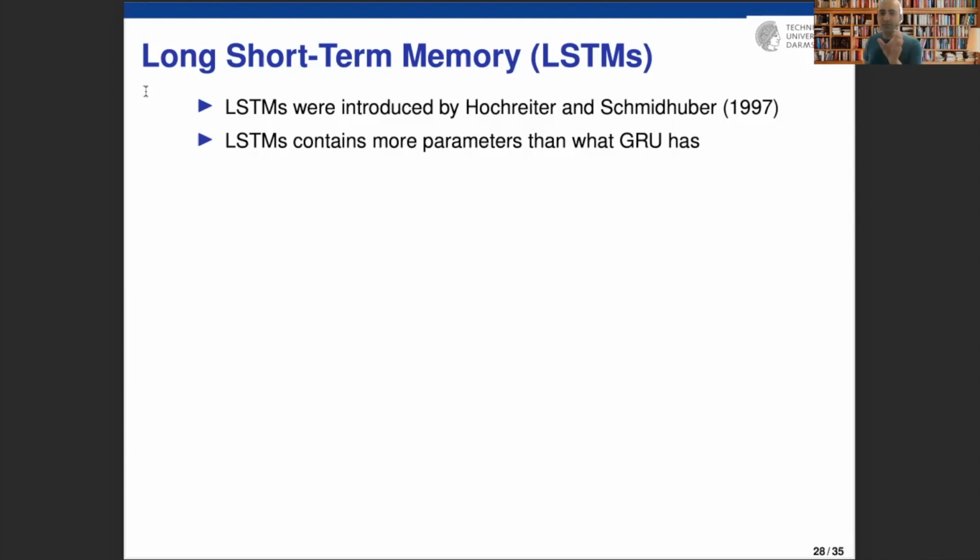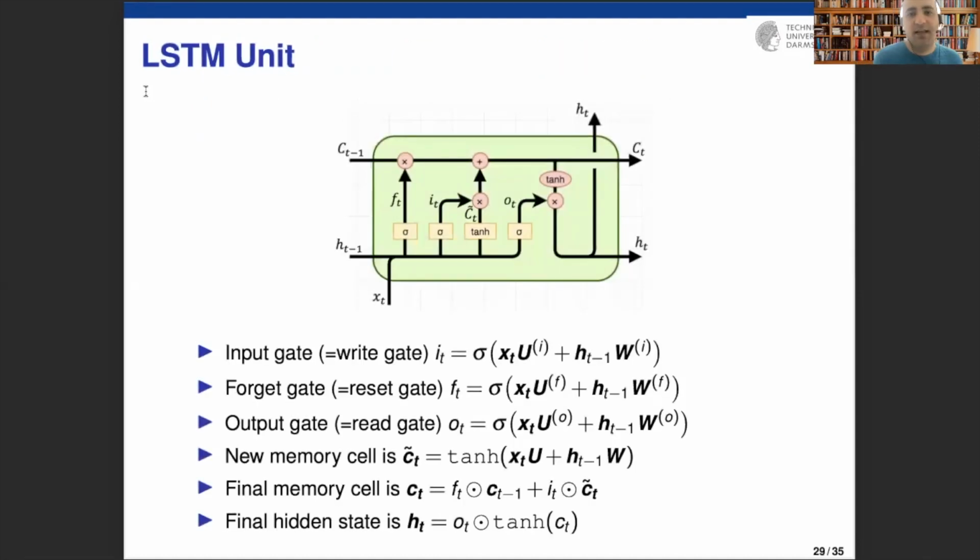They are computation units for computing the memory vectors. And these LSTM units usually have more parameters than GRU units. Here is the architecture of an LSTM unit.